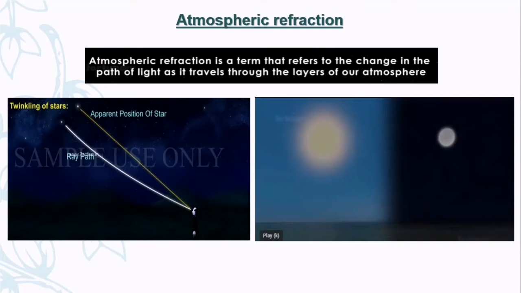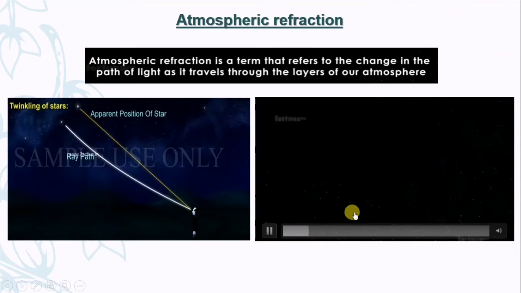The outer layer of the earth's atmosphere is less dense than the layer close to the surface of the earth. So we have different layers of air, each layer with a specific density. So when the light passes through the air itself, it changes speed, and this slight change of speed causes the light to bend. Okay, let's see this video together.